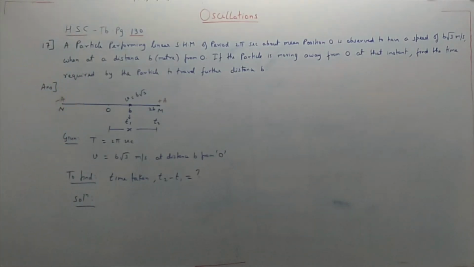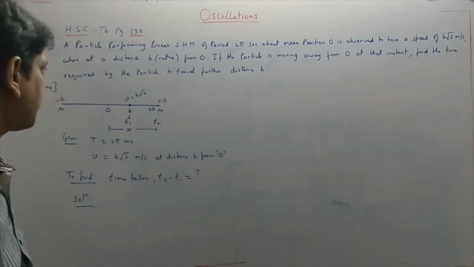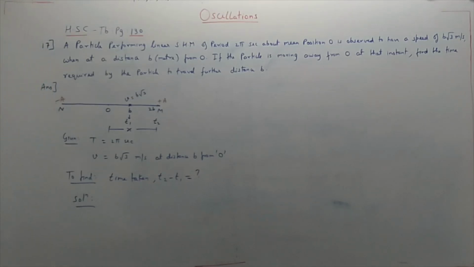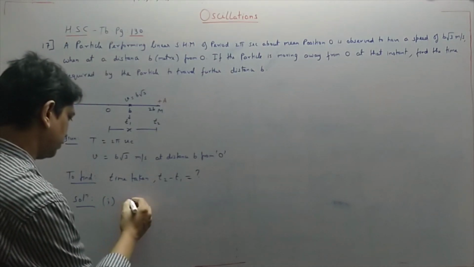Then for velocity, in terms of the mean position with respect to time, v is a omega cos omega t, so again omega is a factor here. So let us first find omega.